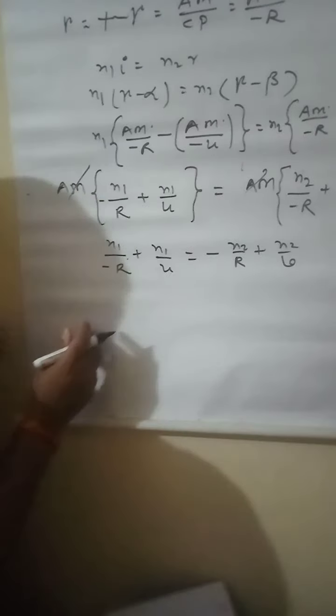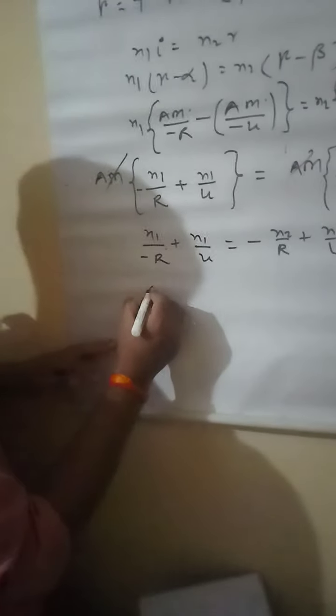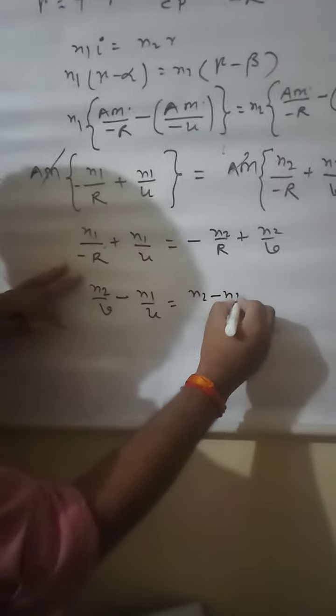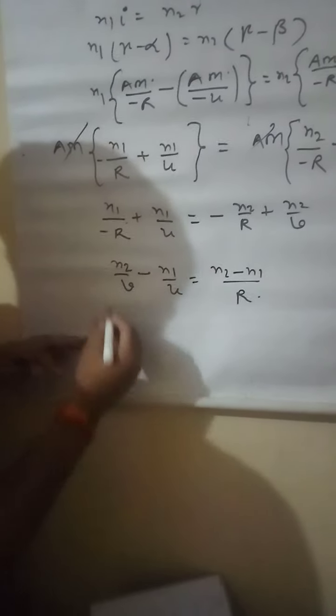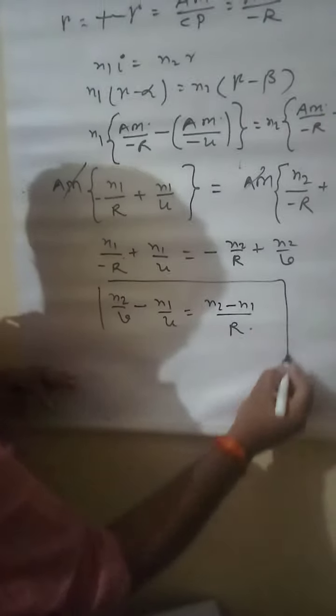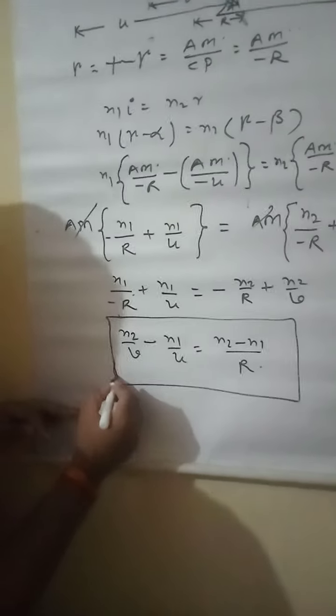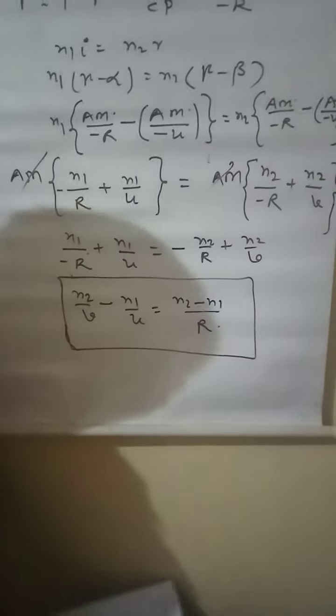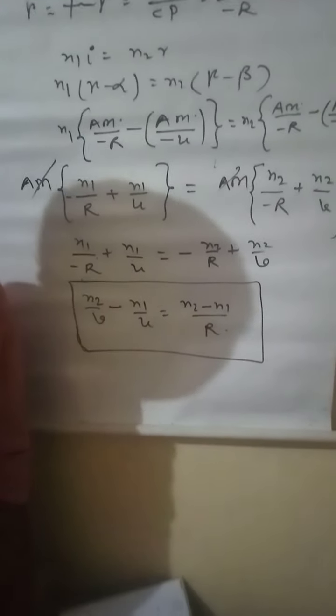This equation may also be rearranged as n2 by v minus n1 by u equal to n2 minus n1 by R, which is the required relation between u, v, R and n1 and n2.